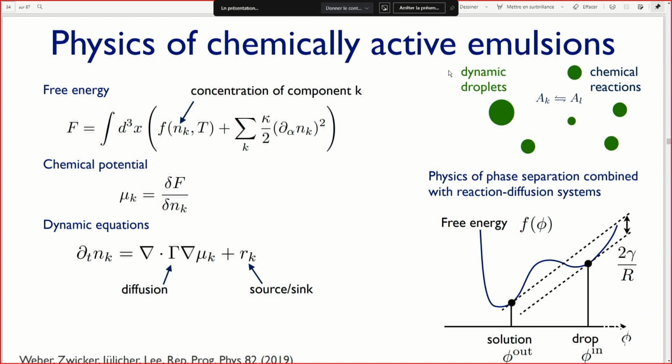This free energy in general depends on the concentrations of all the components, so we need a multi-component approach. From such a free energy, which has a shape as illustrated before, if it has these changes in sign of curvature, it typically has regions of phase coexistence.